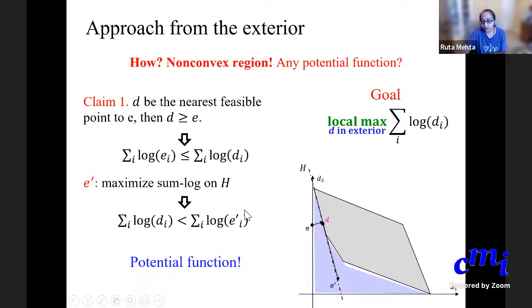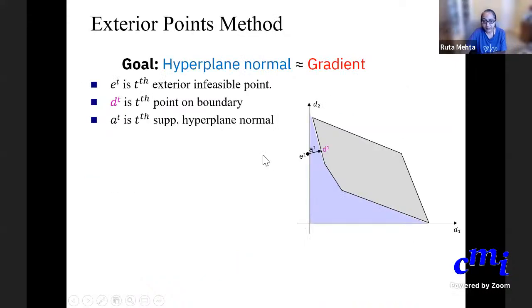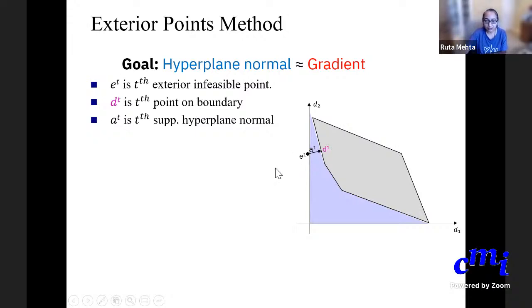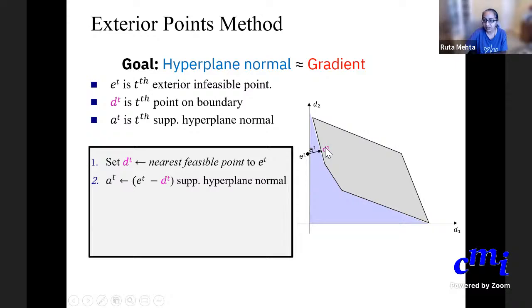But we still have to show fast convergence. It may happen that the potential is increasing very, very slowly. Recall that we are after a point where the normal is proportional to the gradient, which is 1 over D. So the whole method is this: you start with an arbitrary exterior point, which is easy to compute. Then you project it to the feasible region, the nearest point.